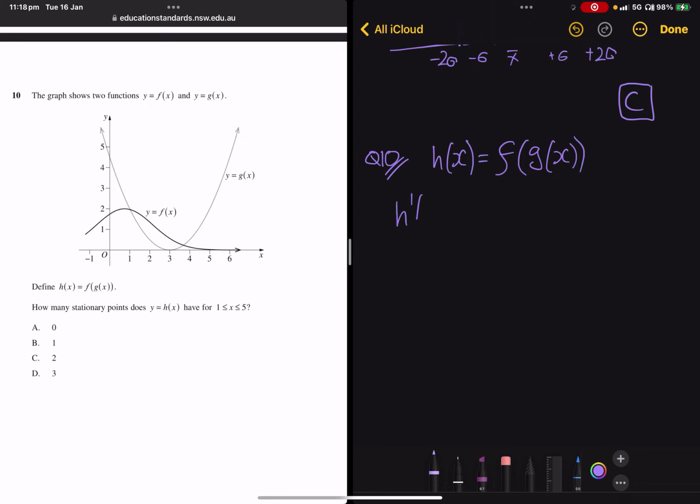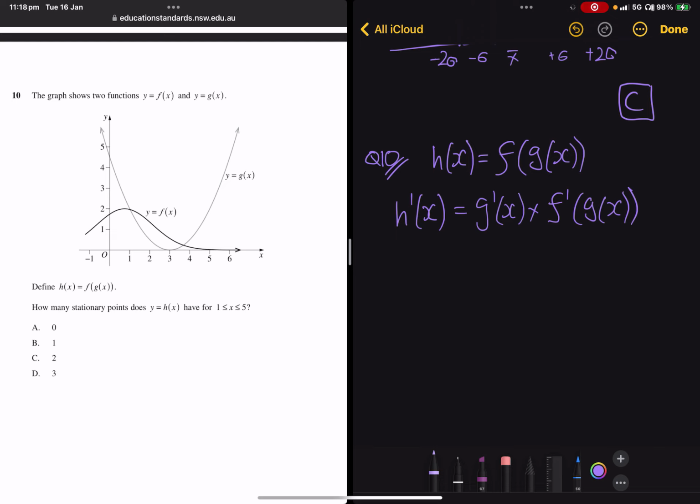So we can calculate h prime of x. This is going to be g prime of x times f prime of g of x. This is one of the forms of the definition of the chain rule, right? This looks sort of complicated, but you've definitely seen this at some point in the course. This is just chain rule.